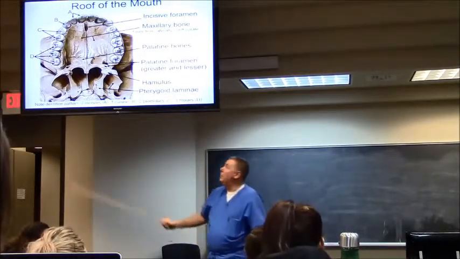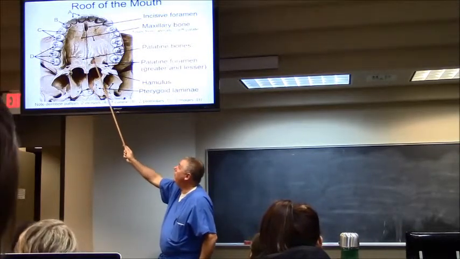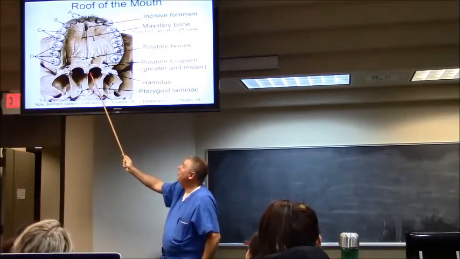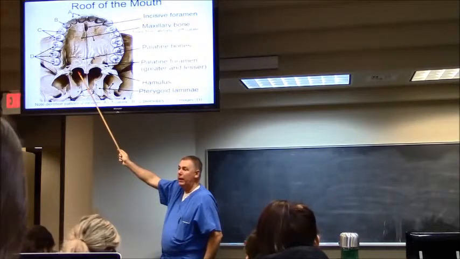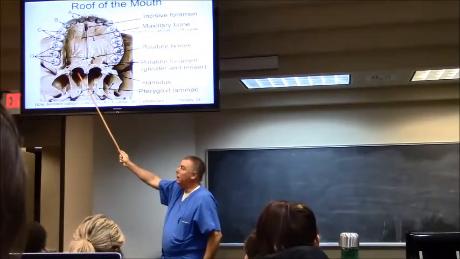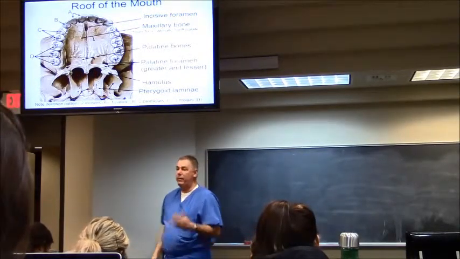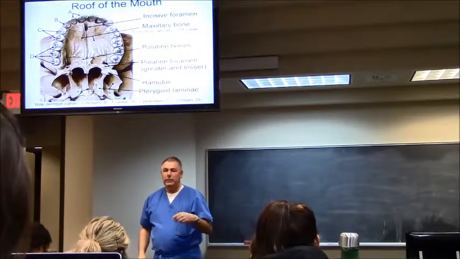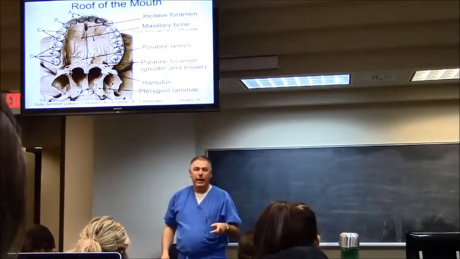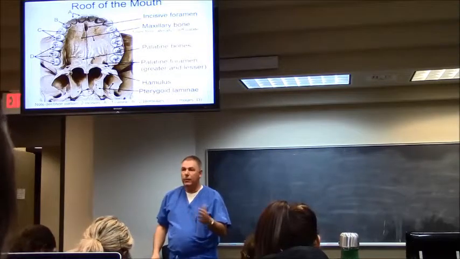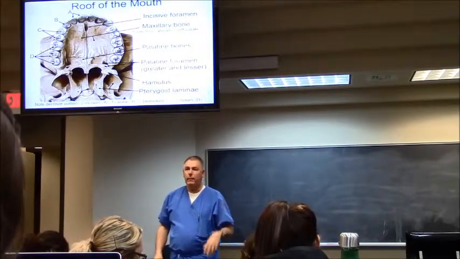Okay, so here are the palatine bones, these 2 little bones right here on the end, and then these openings back here are into your nasal cavity, right? The opening into your nasal cavity from the back is called the choana, C-H-O-A-N-A-E if you're talking about both of them, choanae.